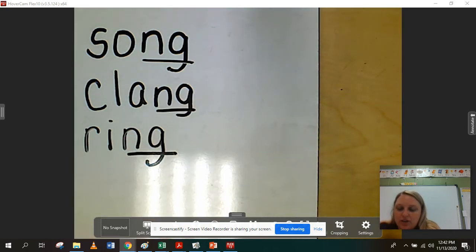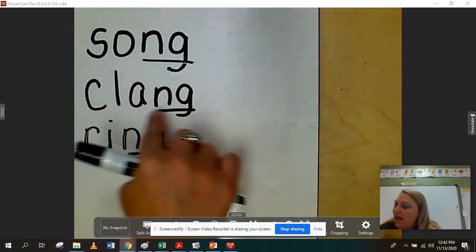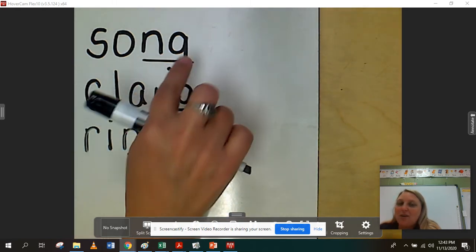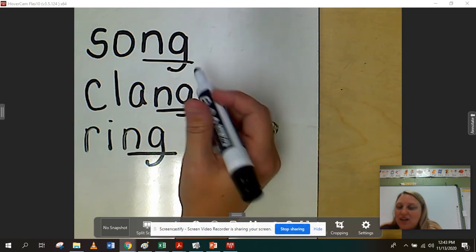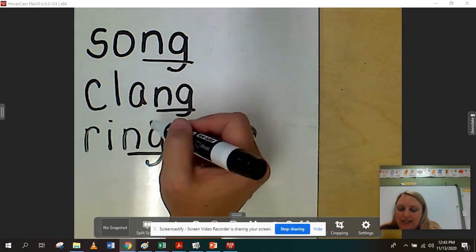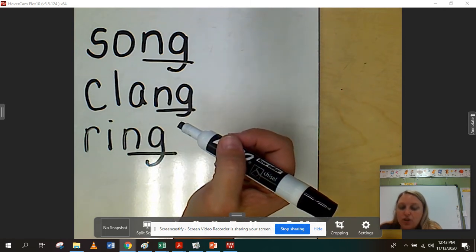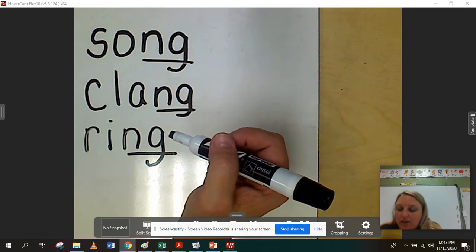How many letters are making that one sound? Song, clang, ring. There are two letters, but there's only one sound, friends, and that's why we call the NG a digraph. We call two letters that come together to make one sound a digraph.